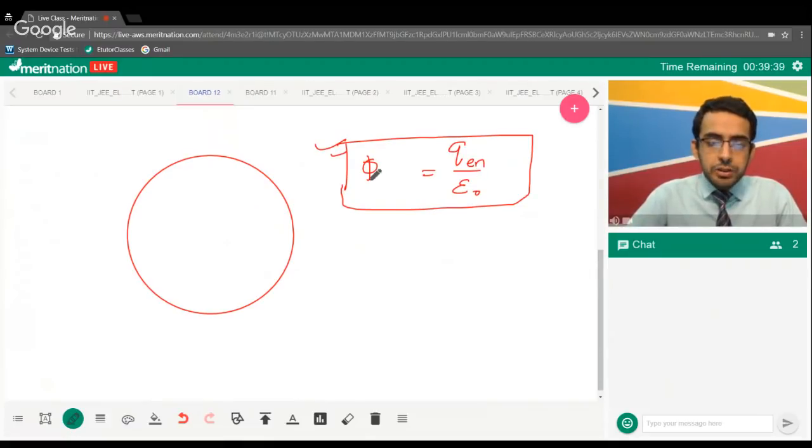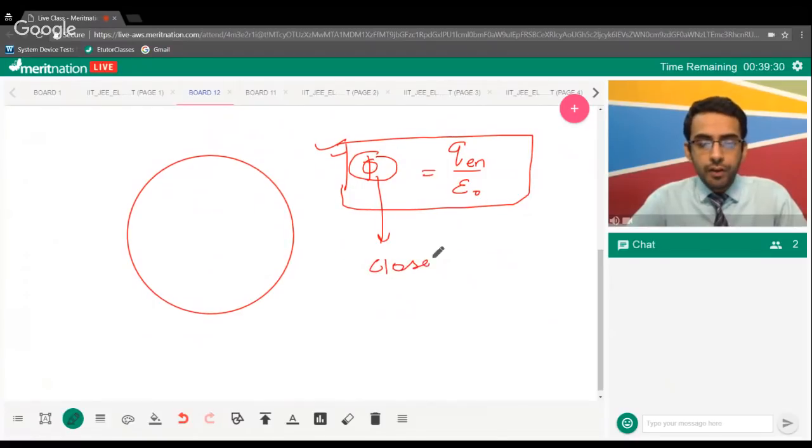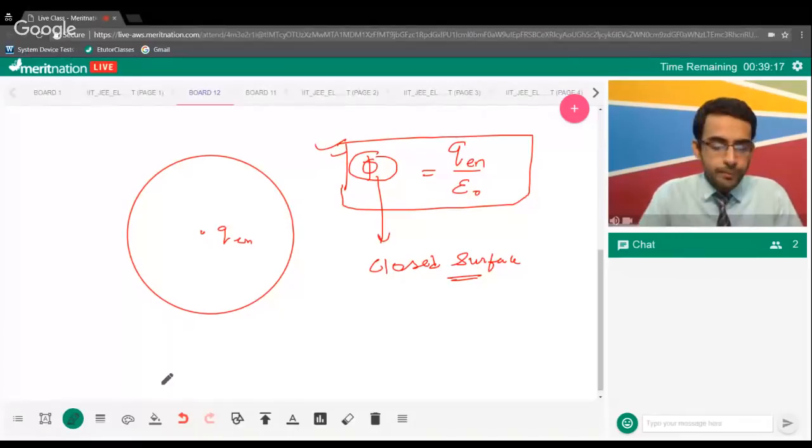In this case, students, this flux phi is from the closed surface. For example, if we consider this sphere, the Q enclosed is the total charge enclosed in it.